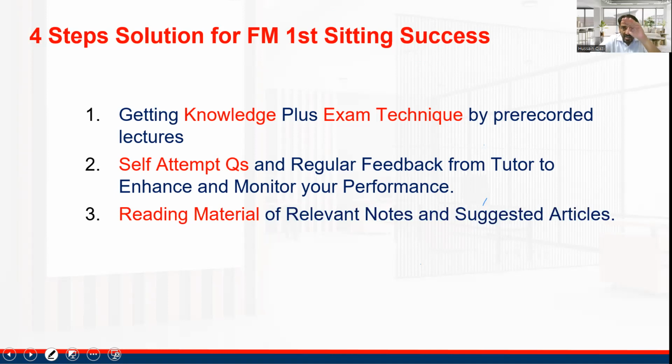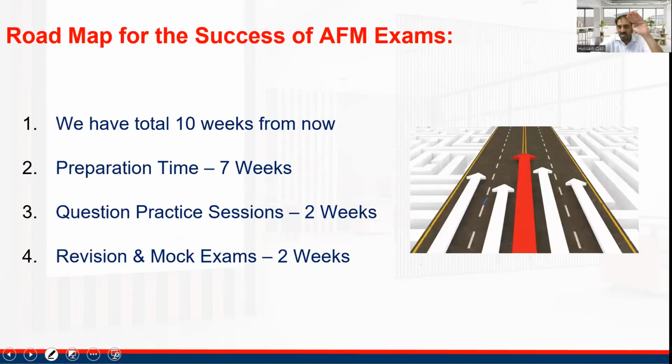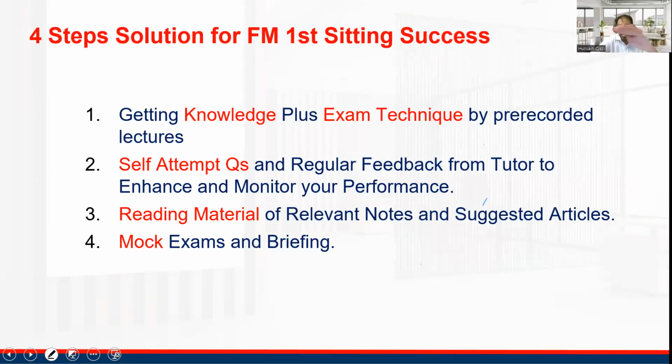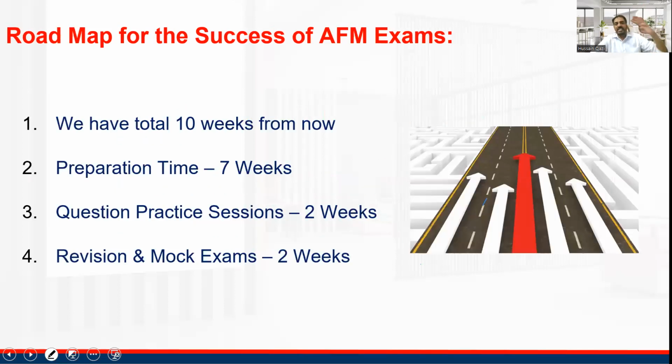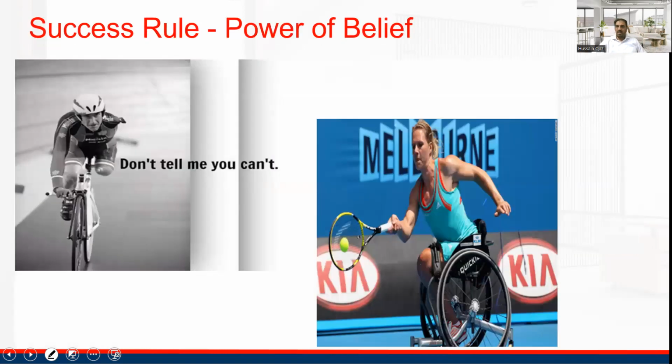If we suggest reading material, read the notes or suggested articles. Attempt the assignments and mocks. Believe me, based on these steps, you will be able to pass the exam at the first sitting. You have a total of 10 weeks: 7 for preparation, 2 for quick revision practice, and the last week for revision and mock exams.